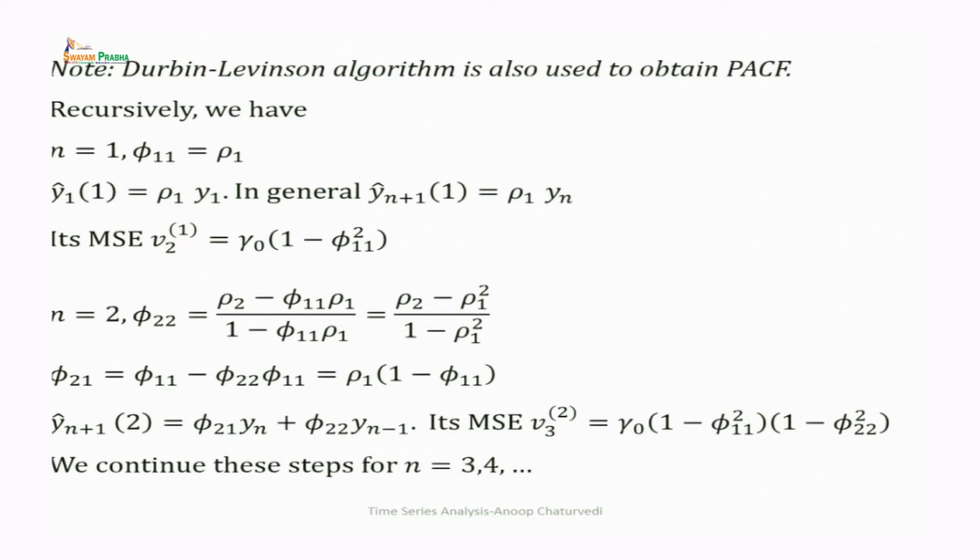So, for n equal to 1, you have phi 1 1 equal to rho 1. So, y hat 2 1 is equal to rho 1 y 1. In general, y hat n plus 1 1 is equal to rho 1 y n.